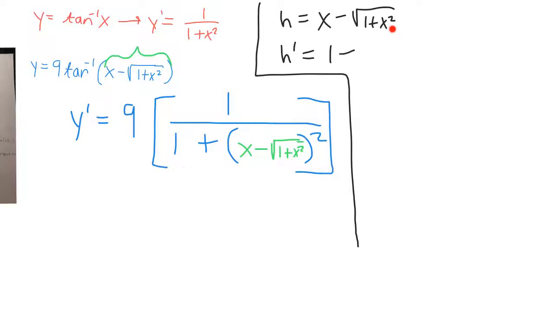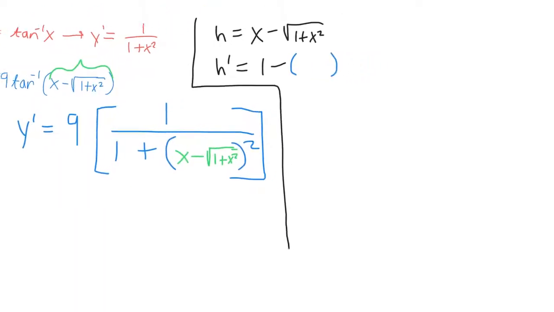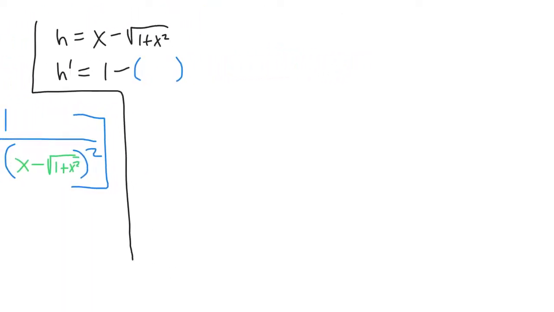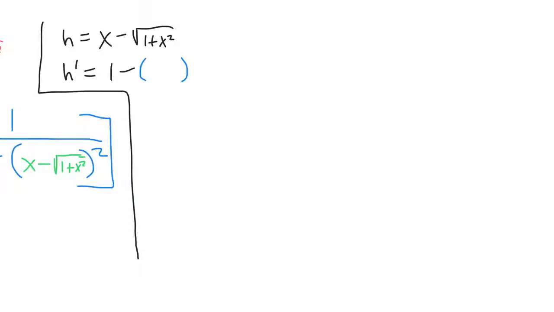But unfortunately, the derivative of this is another chain rule. So this is reminiscent of that thing that we had to deal with before. So we are going to have to say 1 minus the derivative of whatever this is. We're going to leave these open parentheses, and we're going to go on a separate mission to find out what the derivative of radical 1 plus x squared is.